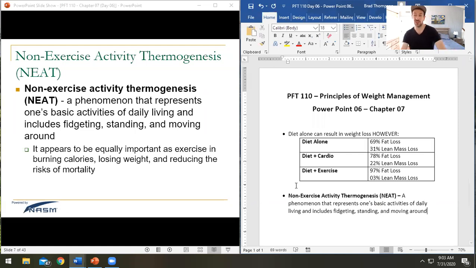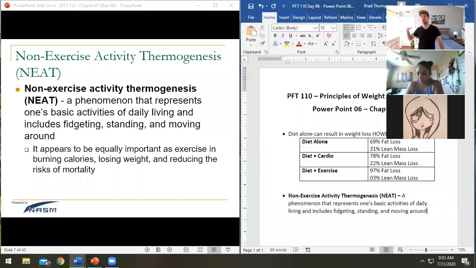What's really interesting about NEAT is that when you hear people say, don't go on a super restricted calorie diet, you see it on YouTube all the time. There's one particular YouTuber who's always talking about how you should never do cardio and you shouldn't diet, you should eat whatever you want, because otherwise it's going to slow your metabolism down.